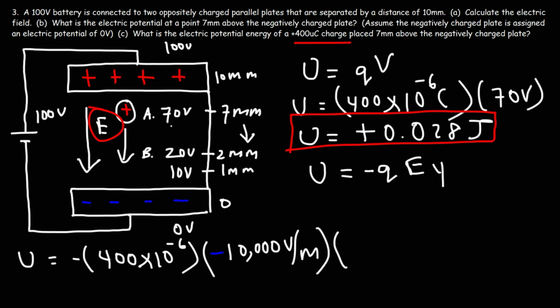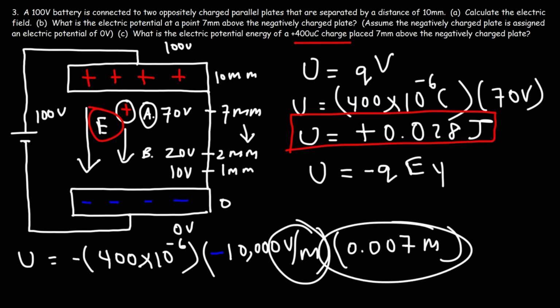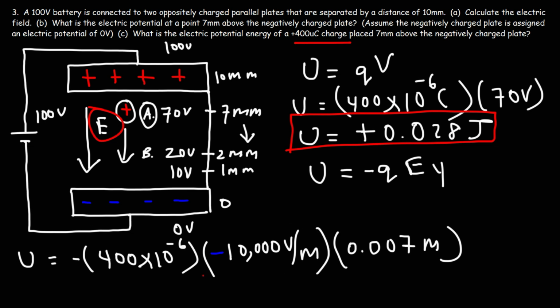And the height above the negatively charged plate, point A is 7 millimeters above it. Now this is in meters, so we want this to be in meters as well. 7 millimeters, if you divide that by 1,000, that's going to be 0.007 meters. If we use the electric field in volts per millimeter, then we could use millimeters here. But you want to make sure that these units match.